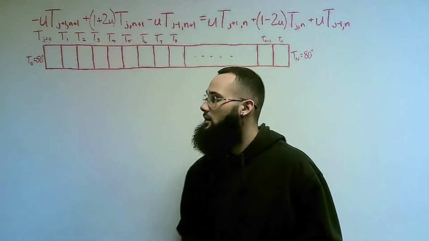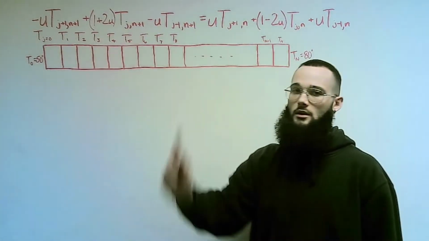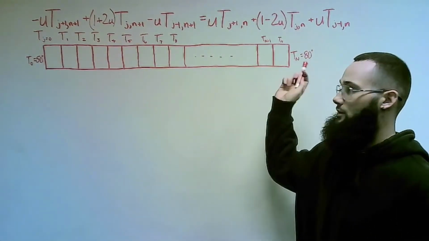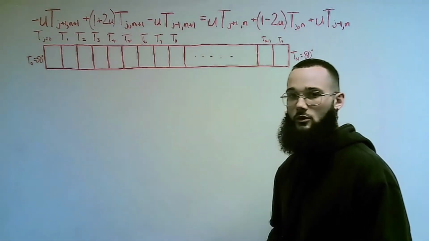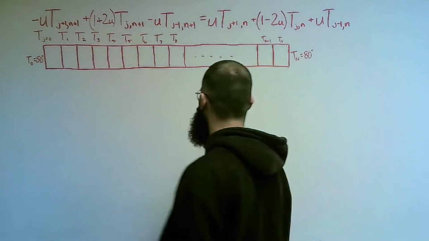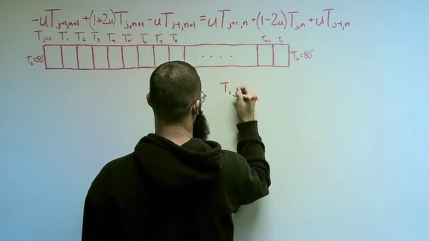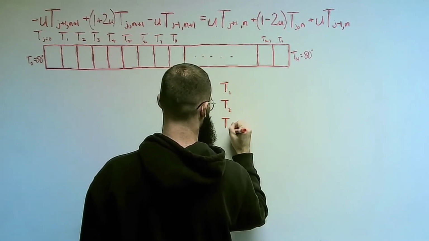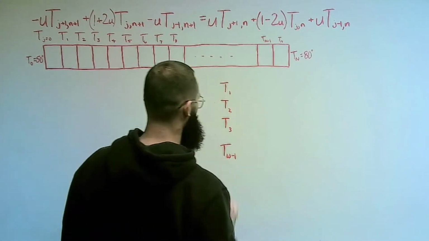So what we want to do is create a vector of these temperatures that we can multiply by a matrix in order to make use of all of these variables to solve our equation. So the first thing we want to do is create a vector of the temperatures. I'm going to start with T1, T2, T3, etc., down to T_(n-1).